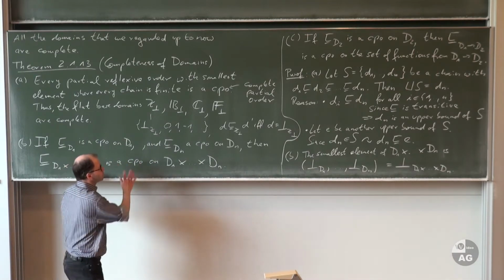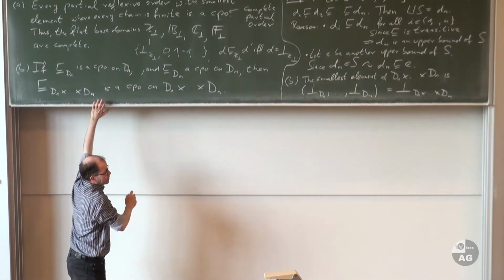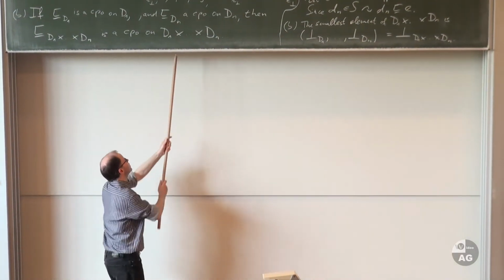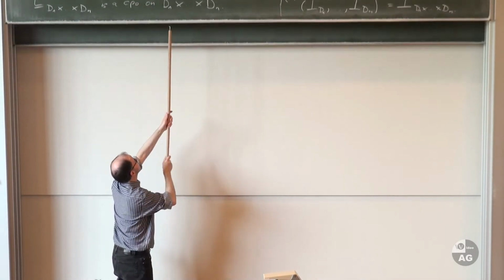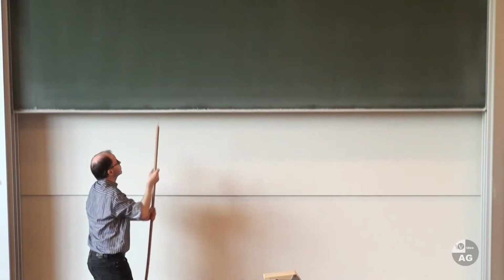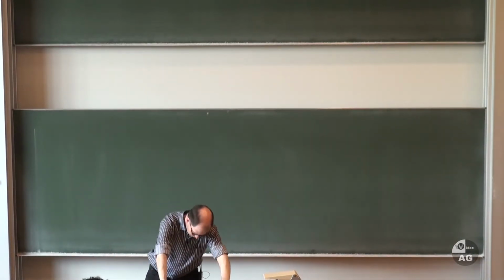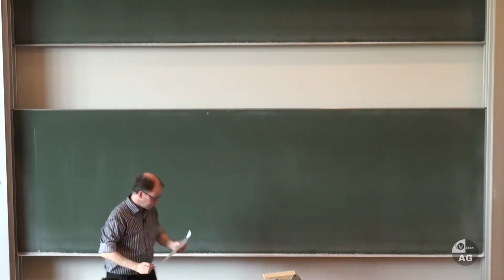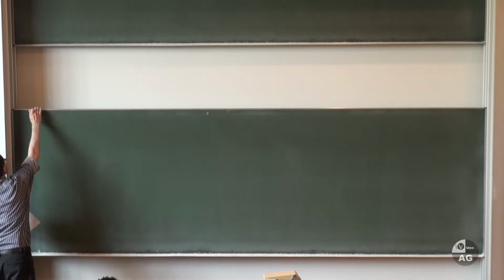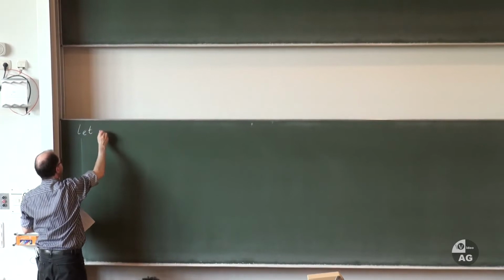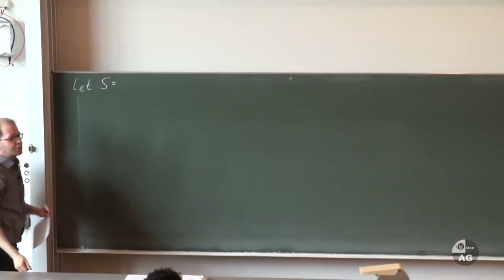What we still need to prove is that every chain of tuples has a least upper bound. Okay, so let's do it as we did it in part A. So let's regard a chain.